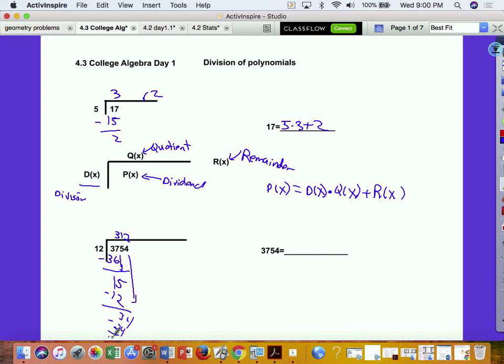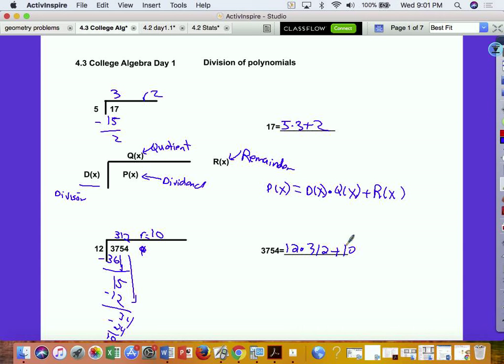And then subtract, and we have a remainder of 10. Okay? So 12 times 312 plus 10 would equal 3,754.